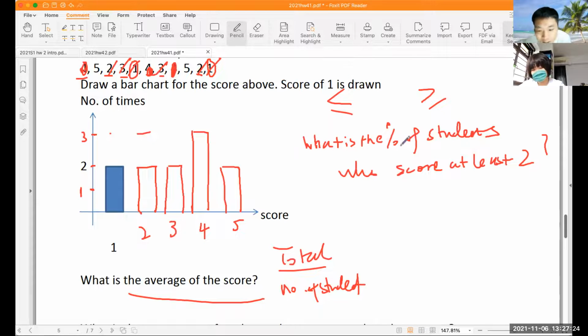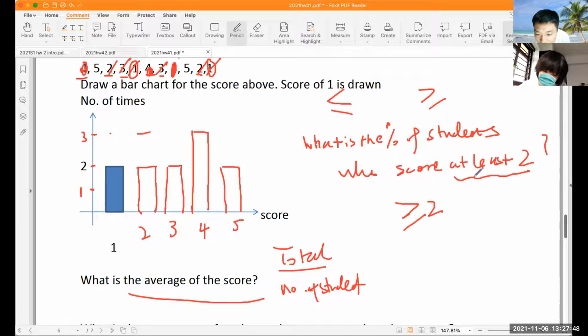When they ask at least 2, is 2 included or not? Yes. So if 2 is included, the way you do it is at least 2 means bigger than 2 and include the 2. That's why you put an equal sign there.